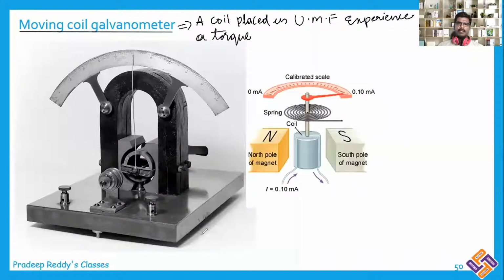Because of that torque, the coil rotates, and in order to oppose such rotation, we apply a restoring torque.